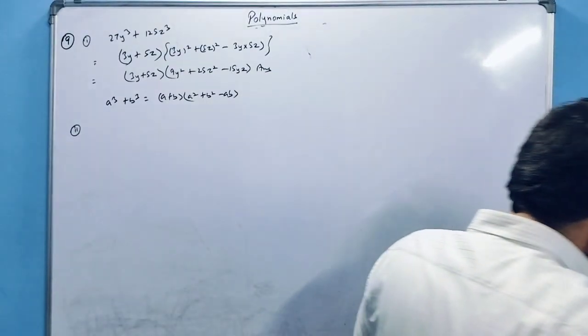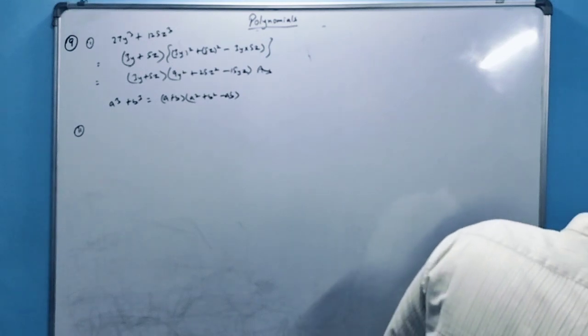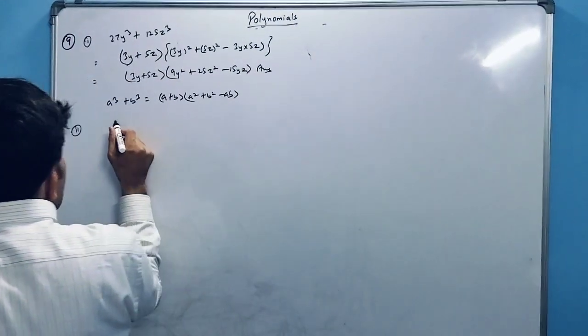Now let us try to solve the next one. The next one they have given is 64m cube minus 343n cube. We all know 4 cube is 64.